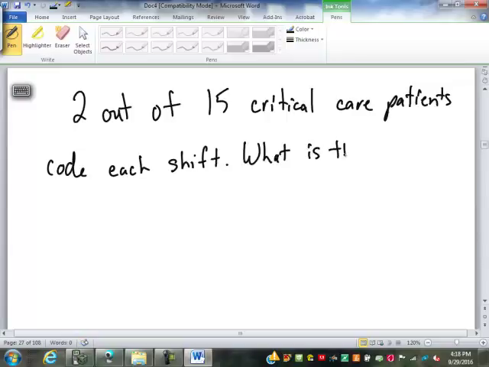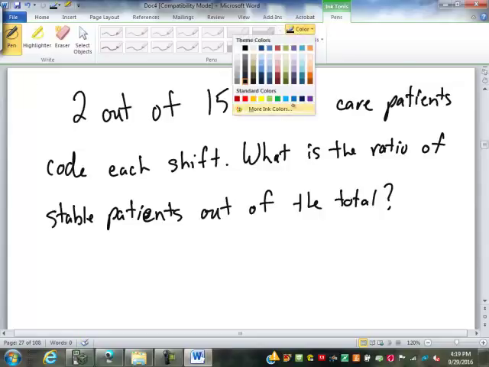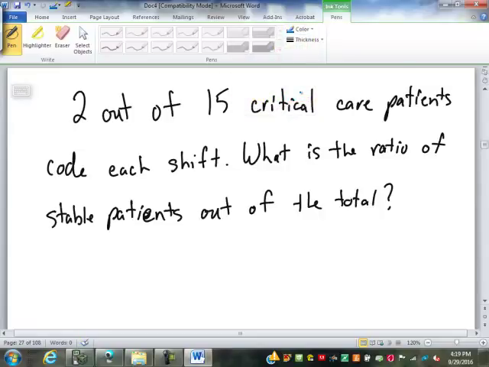What is the ratio of stable patients out of the total? By stable, it means they don't code.